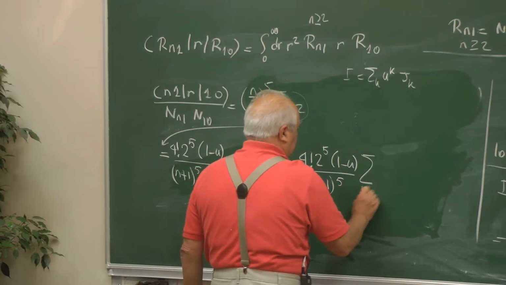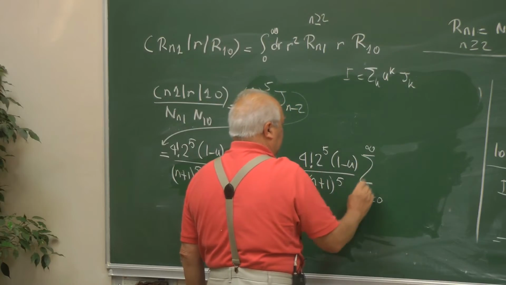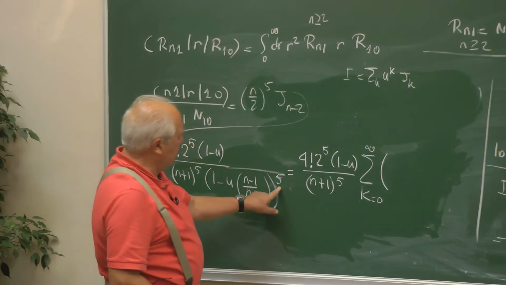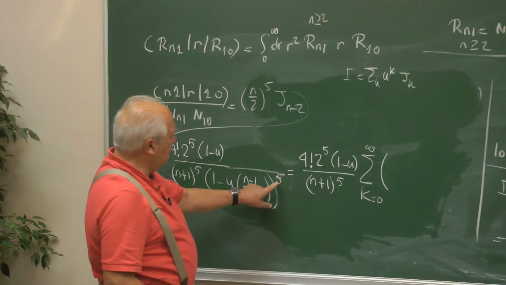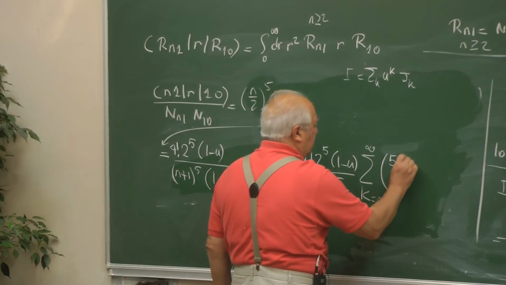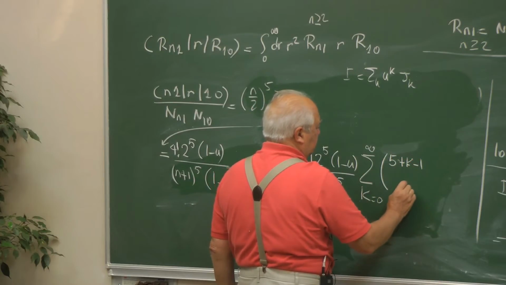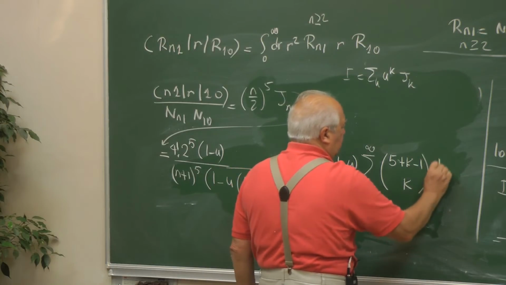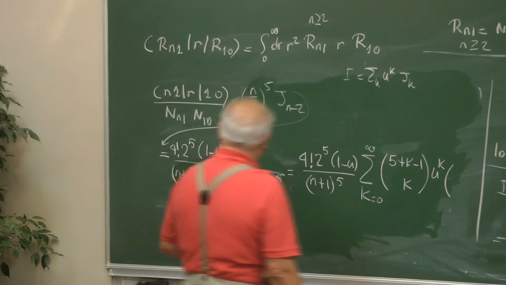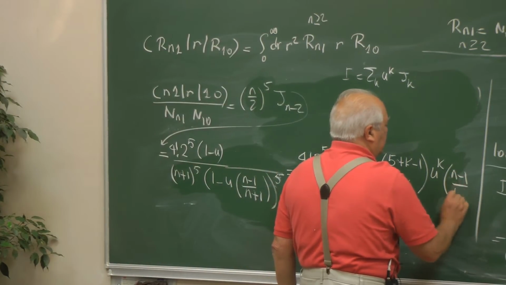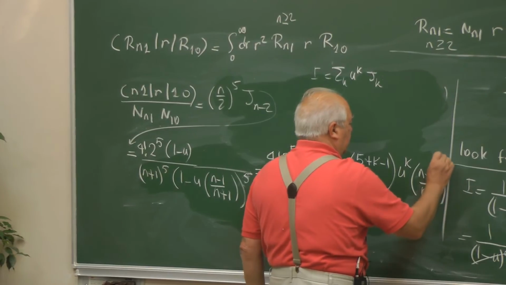Now sum over k from 0 to infinity. 5, because we are expanding and the power is 5. 5 plus k minus 1 and k, that's the binomial, u to the k times n minus 1 over n plus 1 to the k.